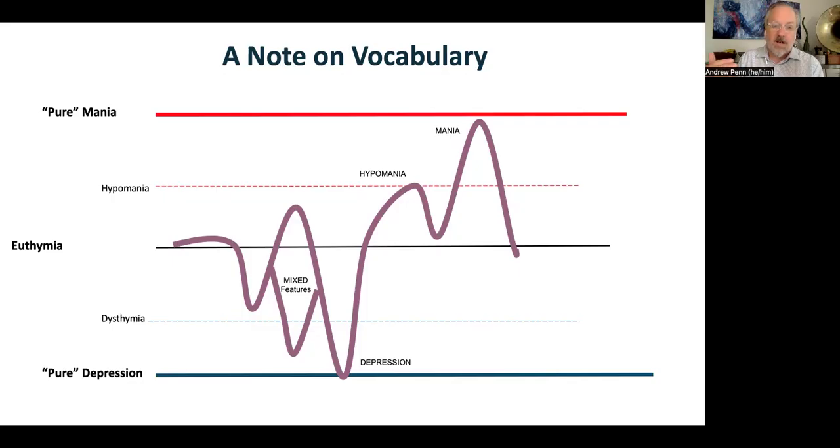And then on the upper side of the line, we have what we refer to as hypomania. Hypomania may not be visible to other people, but it definitely will be felt by the patient. They'll feel like their thoughts are going faster, they're more goal directed, they're more generative, they're coming up with a lot of ideas. And as that hypomania goes into full mania, it will become more observable to outside observers that something is going on with this person because they'll often be talking very quickly.